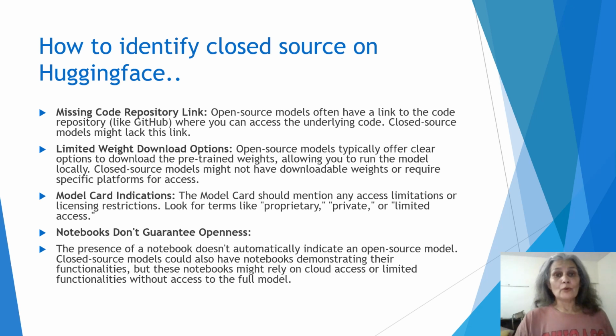Closed source models might not have downloadable weights or require access to special platforms, or an upgrade or something. The model card might also mention aspects such as licensing restrictions. Look for terms like proprietary, private, or limited access.